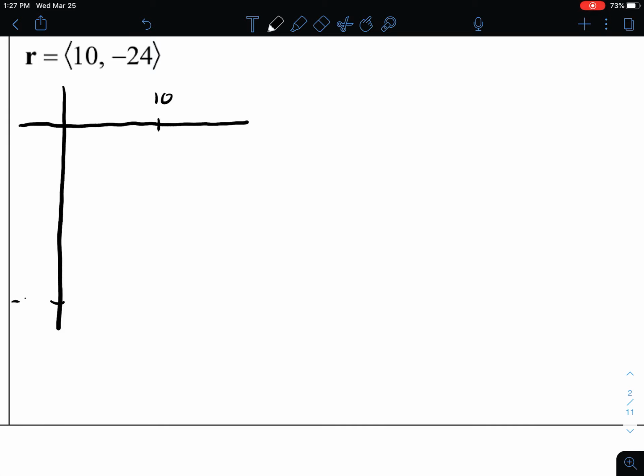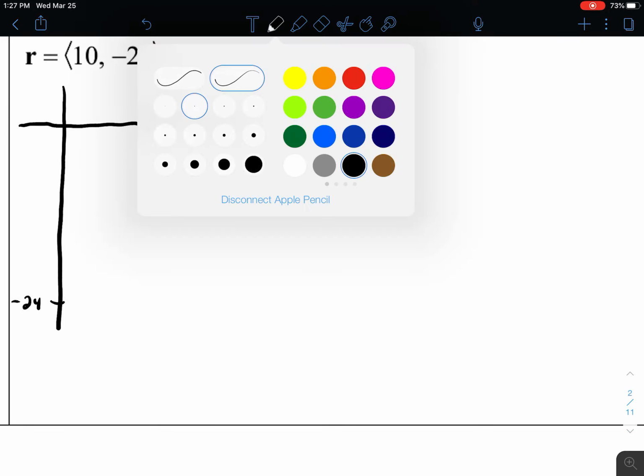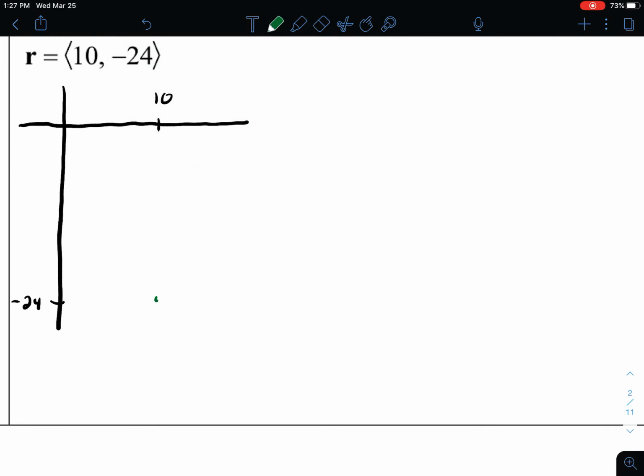All right, so this one goes to +10 down to -24. And I want to draw my vector. So there's the ending point, initial point at the origin. I connect those. I put my arrow there to indicate direction. And we want to find the magnitude. So magnitude, think of that as a right triangle.